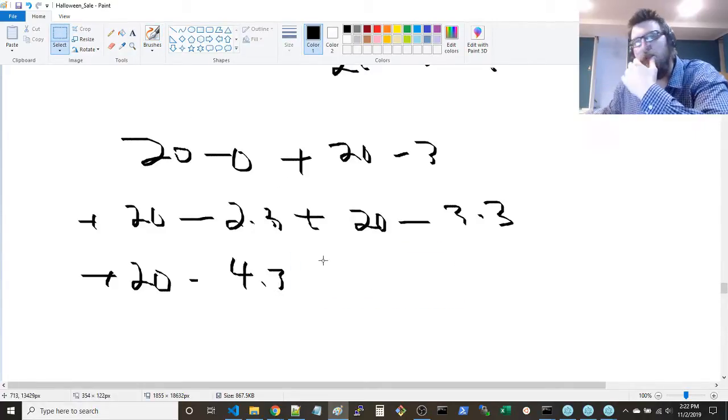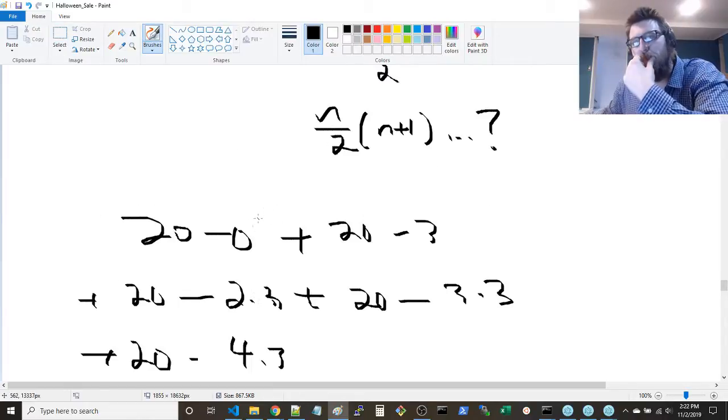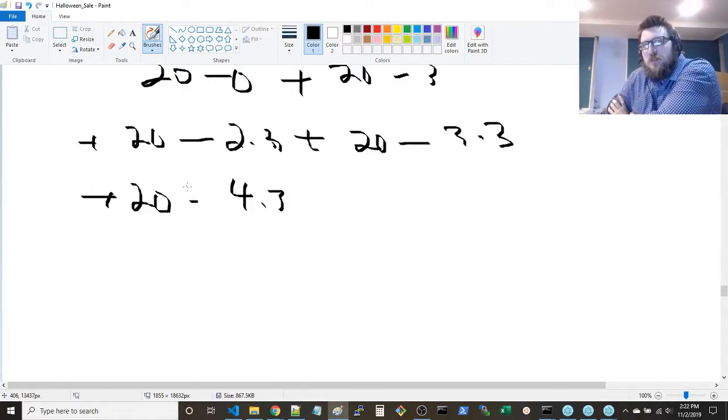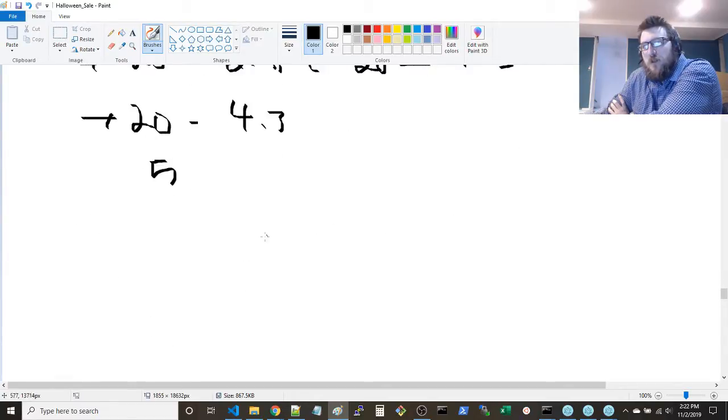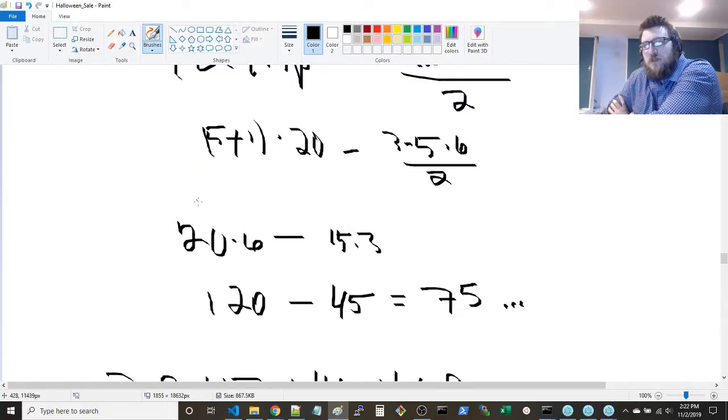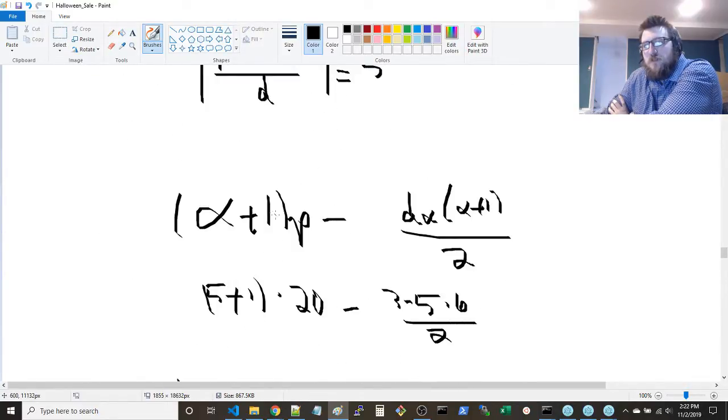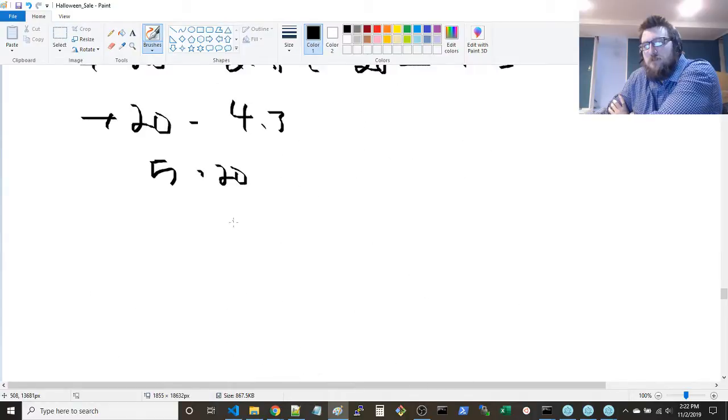Right. This is the problem. So we range, so this is 1, 2, 3, 4, 5, right? So we have 5 times 20, not 6 times 20. So this should be alpha times p.